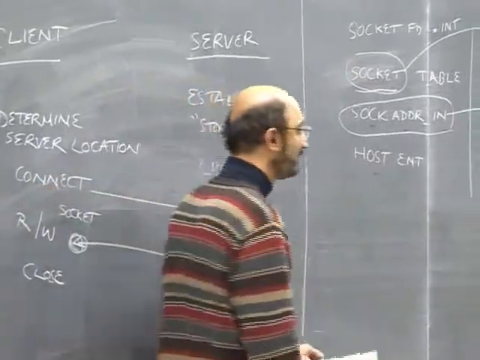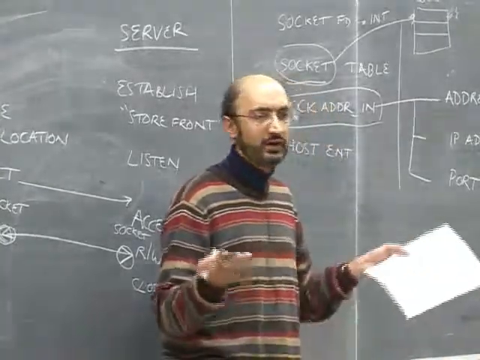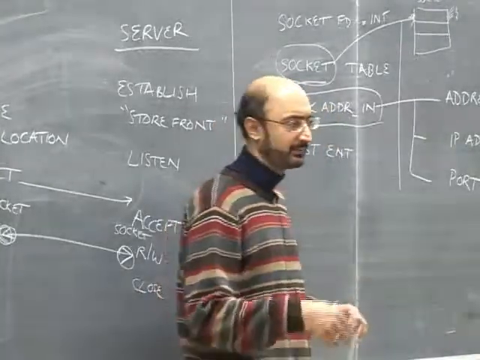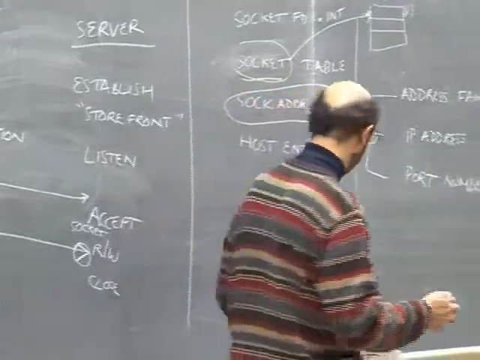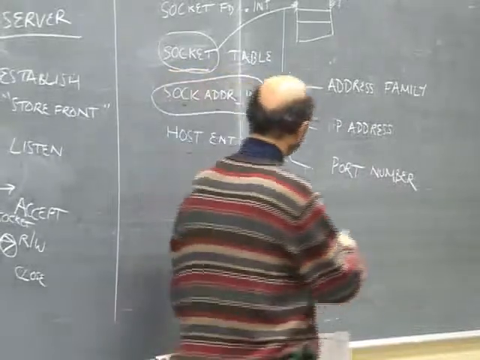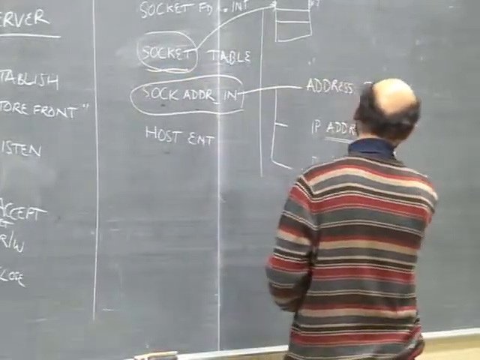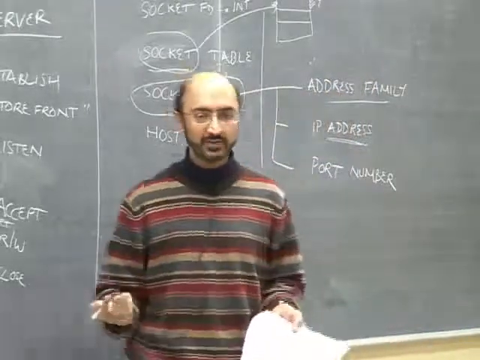So the idea was that each network could have its own way of naming endpoints. Some would use IP addresses, some would use other addresses. So when you say we have an address, we really need to know which network this address belongs to, otherwise it makes no sense, right?